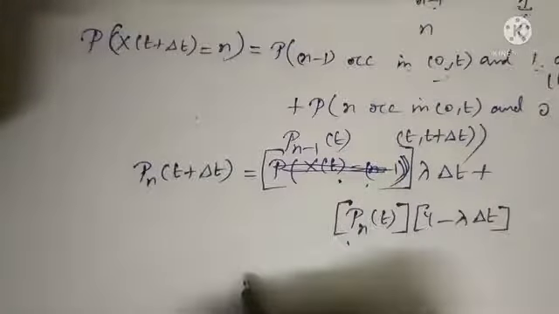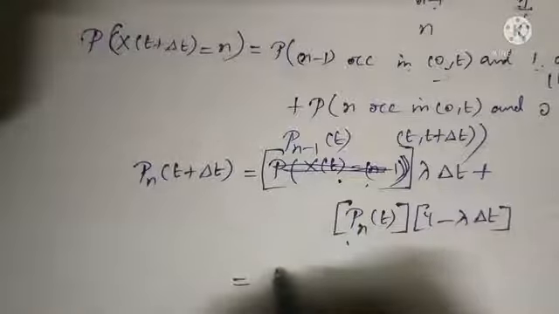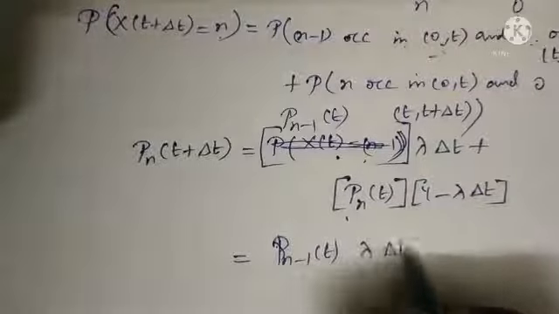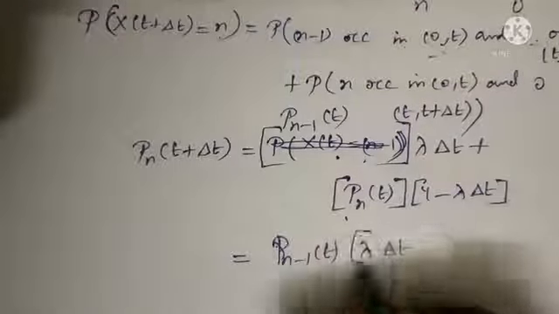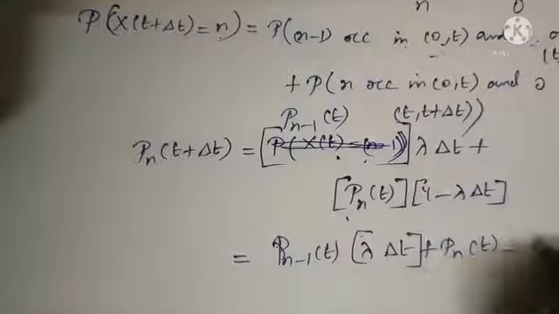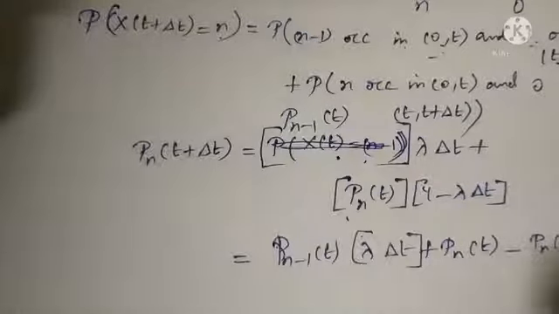Now I multiply this: Pn minus 1 of t into lambda into delta t, plus Pn of t minus Pn of t into lambda into delta t.